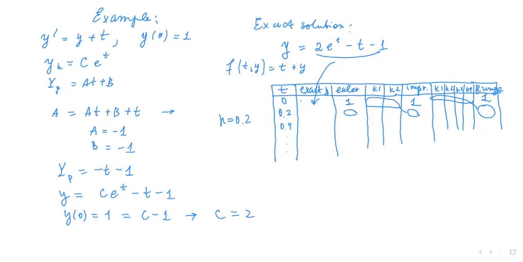Okay, a couple of words about errors. So what do we have, guys? We do have an error on every step. Error on every step. That's going to be the difference between the actual value of the solution at the point t1, minus the calculation, or numerical approximation.